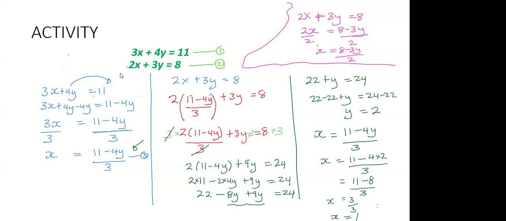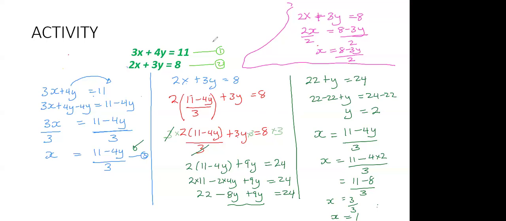Faith Comfort? Yes, teacher, for me, I used the second equation, 2x plus 3y equals 8. And then when I was dividing, unfortunately, I divided also the 2 by the 8, giving me 4 minus 3y out of 2.